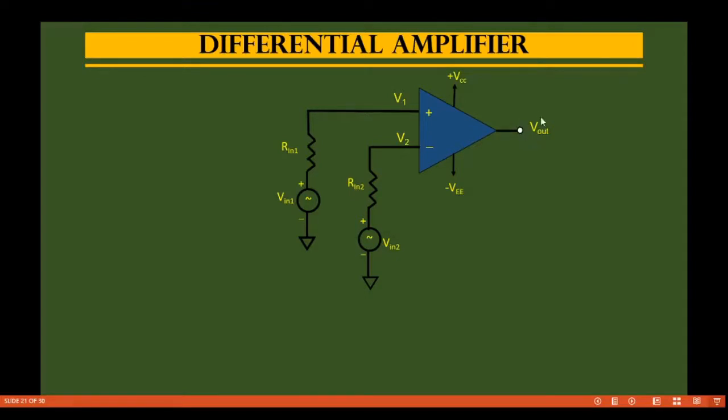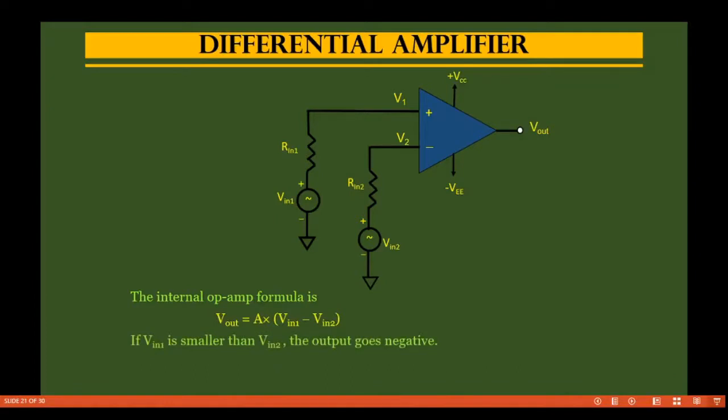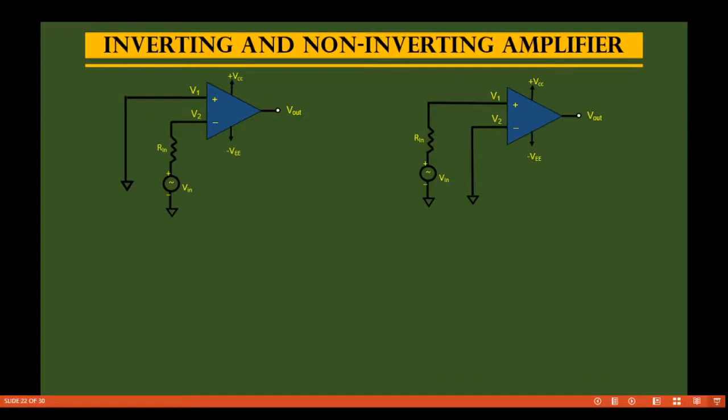So naturally Vout will be A times the difference of the input voltages, where A is the voltage gain. So the op amp formula is Vout equals A times the difference in input voltages. If Vin1 is smaller than Vin2, then the output goes negative, and if Vin1 is greater than Vin2, then the output goes positive. So this is how a differential amplifier works.